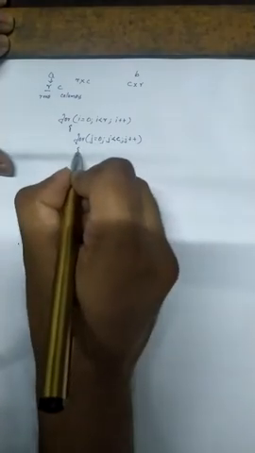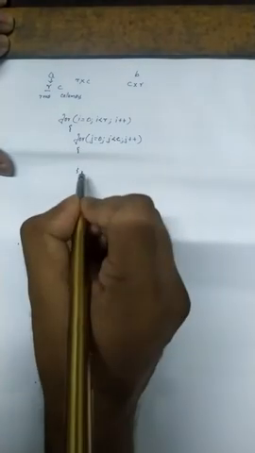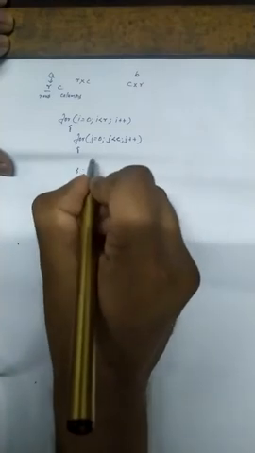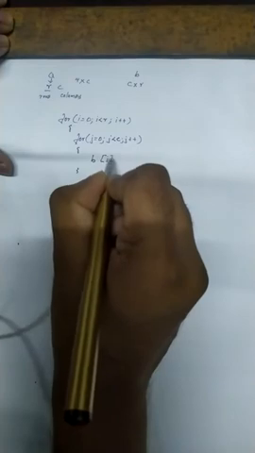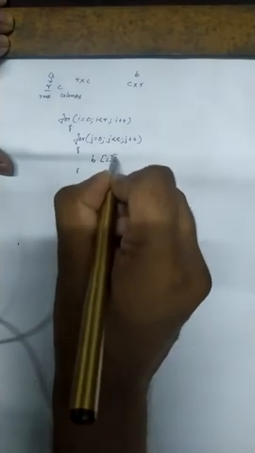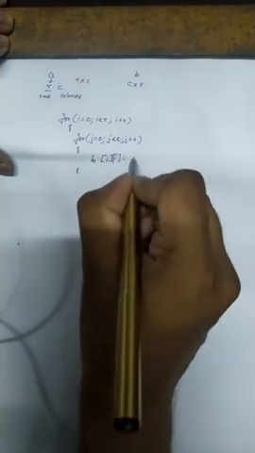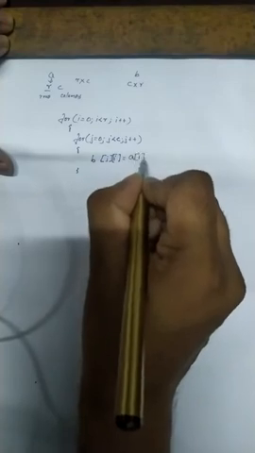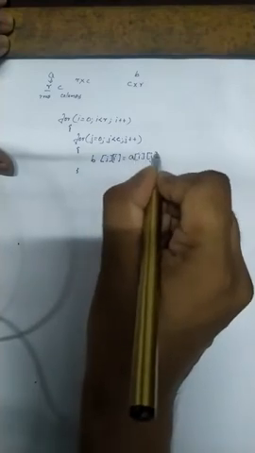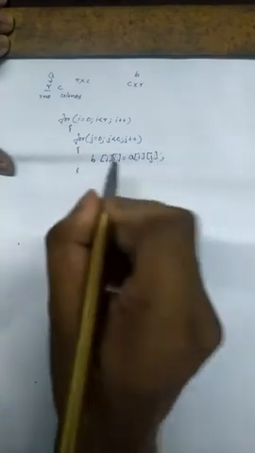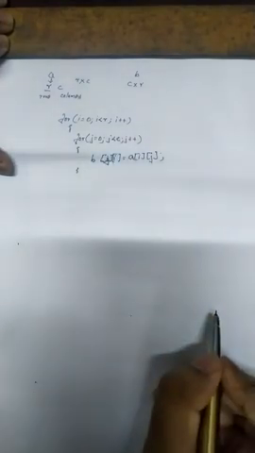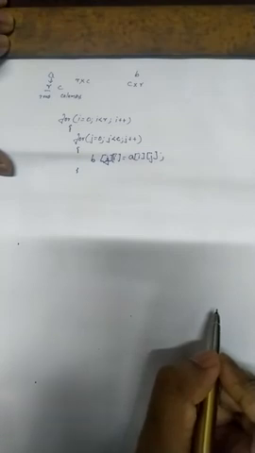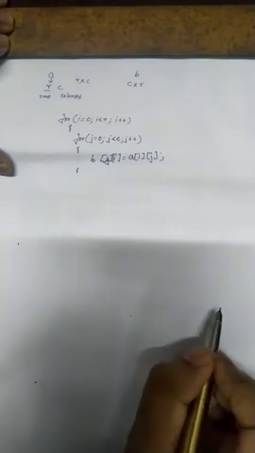So inside this for loop I'll be writing B of J I equal to A of I J. Why did I write it like this?